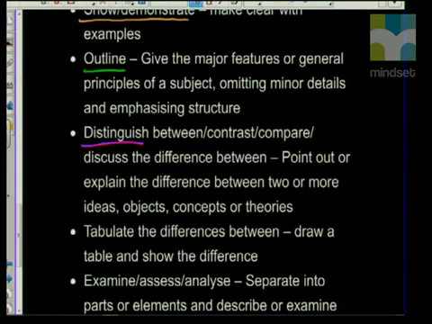This is a very important question. Distinguish between or contrast or compare. When you compare, for instance, the characteristics of two different concepts, it is very important that you actually write the exact difference of a specific characteristic. So you will not say, when you have to compare a perfect competitor with that of a monopolist, that the one consists of only one producer, and in the other one you will mention that it's difficult to enter the market or easy to enter the market.